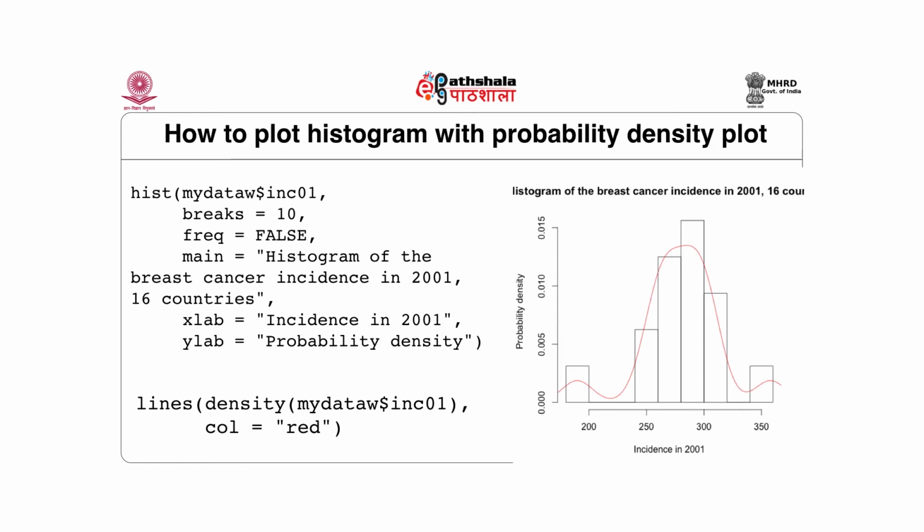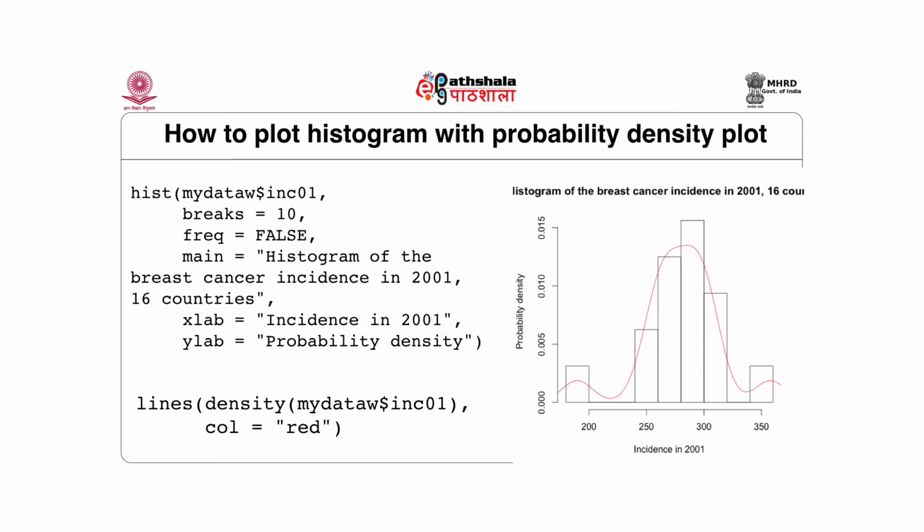After I had drawn the histogram, you note that I have issued another rather high-level plotting command, which is lines, for the density function that I have decided to draw on this particular histogram. So I have taken the histogram, and on top of the histogram I have decided to draw a probability density based on the lines that will come out of this.